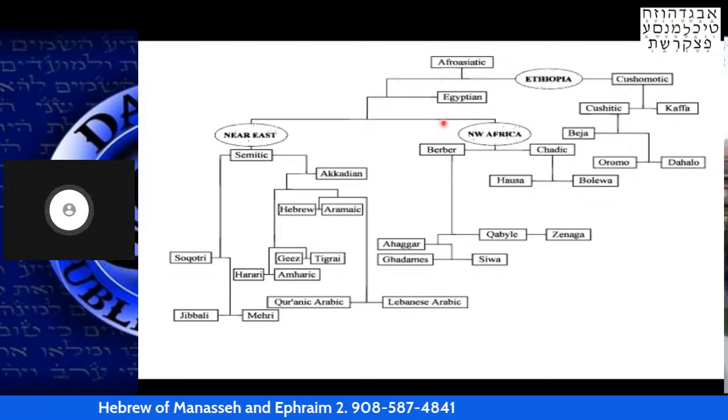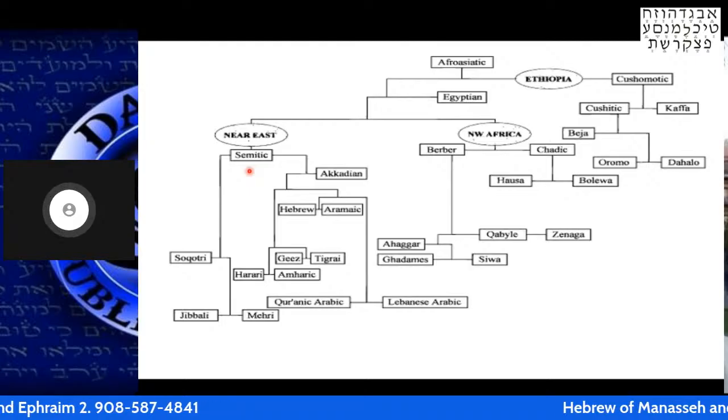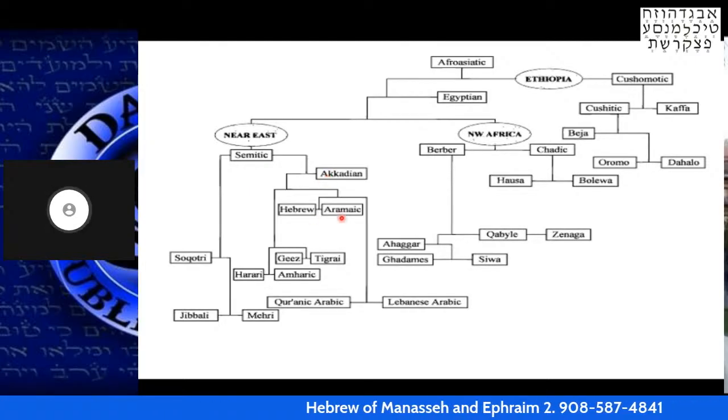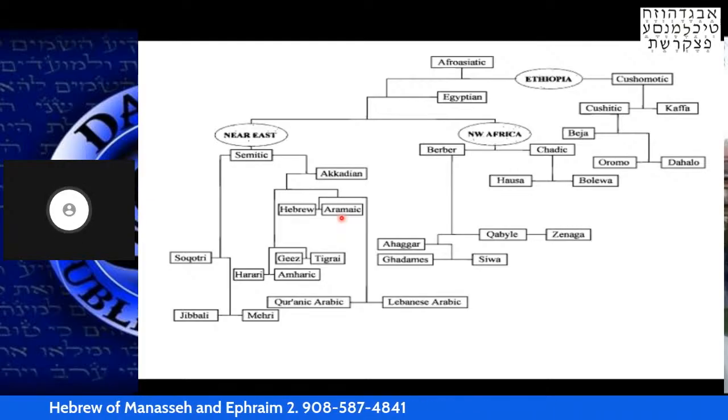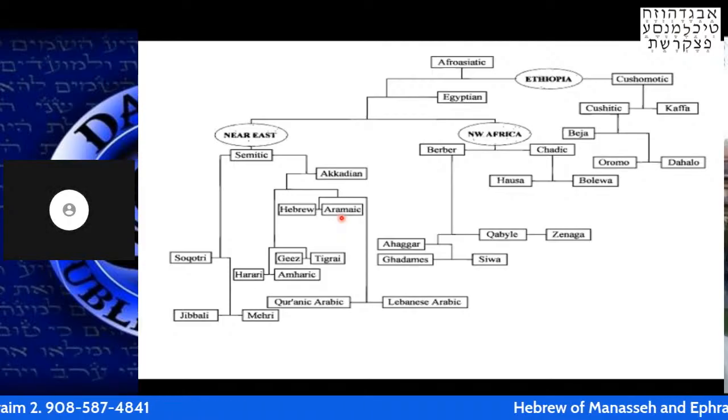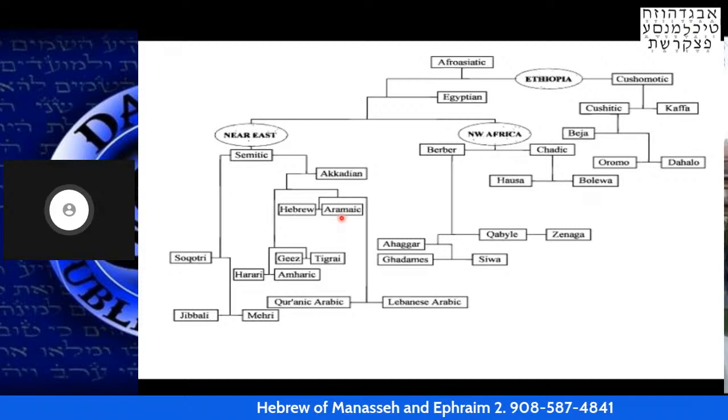And from its branch, we have the Near East Semitic, and we also see Akkadian and Hebrew and Aramaic. Now, we're going to be speaking upon the matter of Aramaic. Screenshots are welcome for those who are interested.